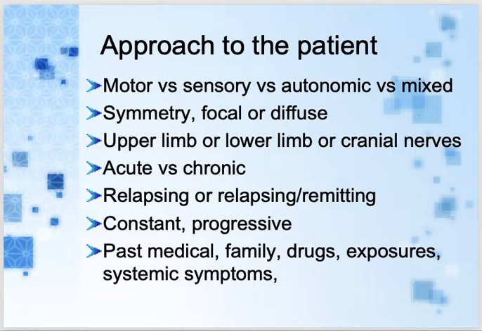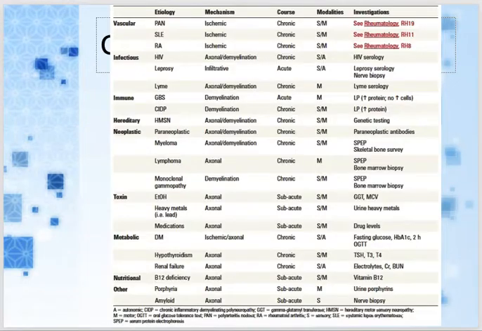Now, the causes of peripheral neuropathies. You can see over here, this is the etiology, this is the mechanism, this is the course, and these are the modalities. So S is for sensory, M is for motor, and A is for autonomic.